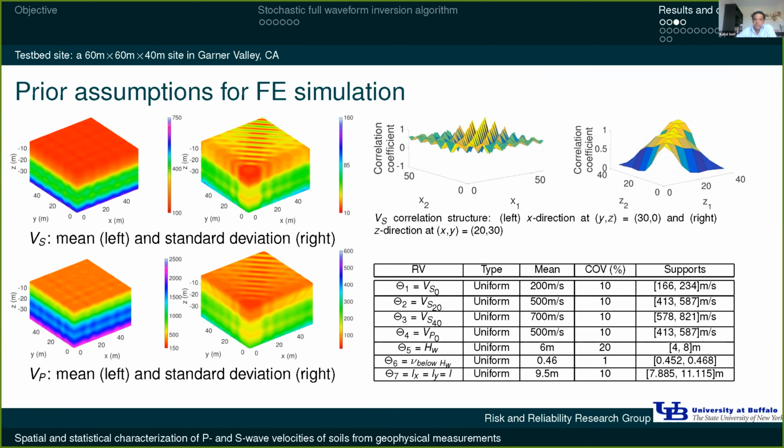The correlation structure is basically coming out of that Gaussian mixture model, with those mixing parameters, which we have denoted here with Lx and Ly. For this example, we have assumed both to be the same, so that means the X direction and Y direction. So this is a 7-dimensional problem. The random variables are Vs0, Vs20, Vs40, Vp0, Hw, which is the height of the water table, nu, the Poisson's ratio below the water table, and the mixing parameters.